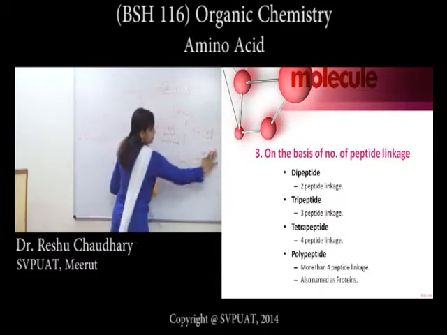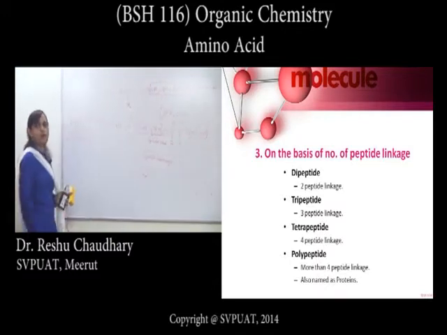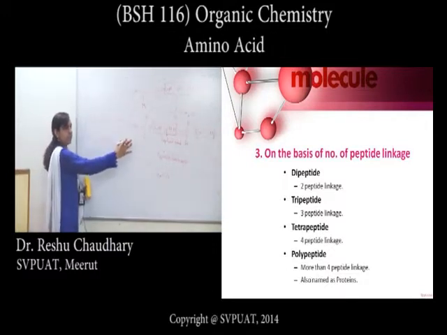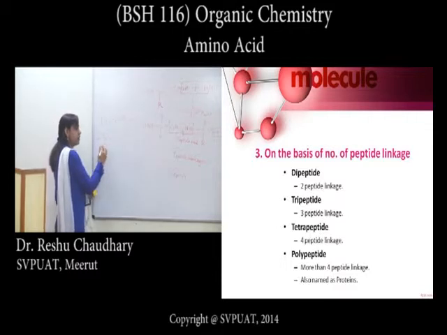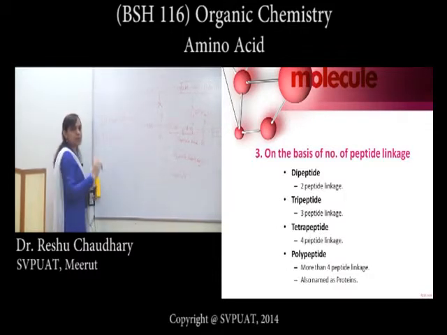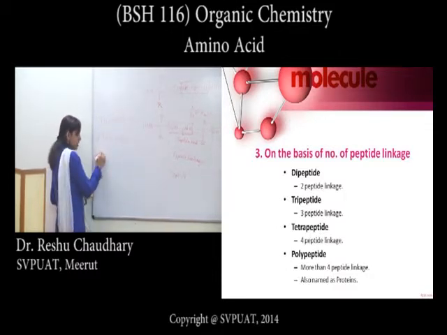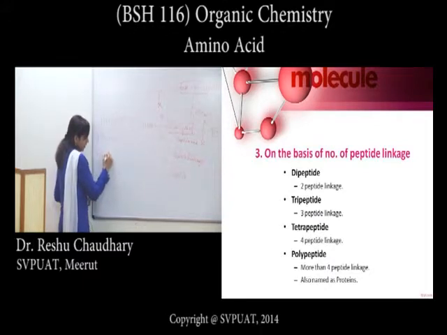Now 1, 2, 3 and 4, four amino acids are present and three peptide linkages are present, so the name of the product is tripeptide. And the third one is tetrapeptide.